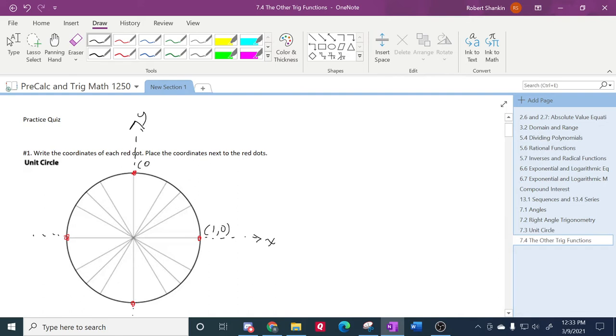This must be 0, 1. This must be negative 1, 0. This must be 0 over, 1 down.